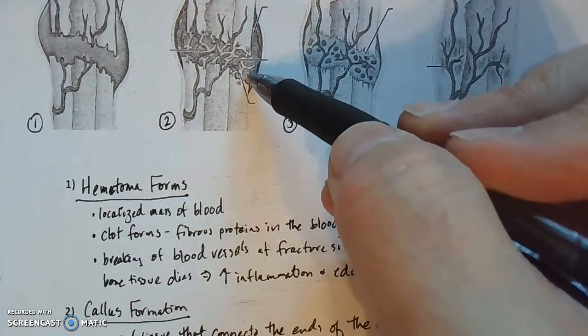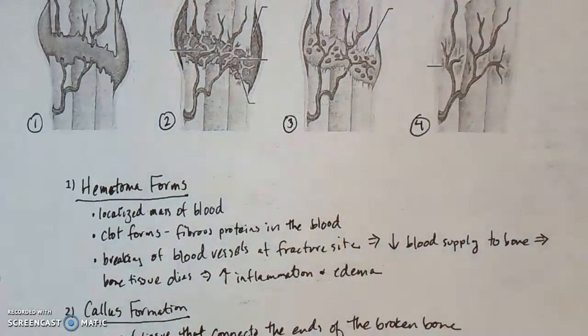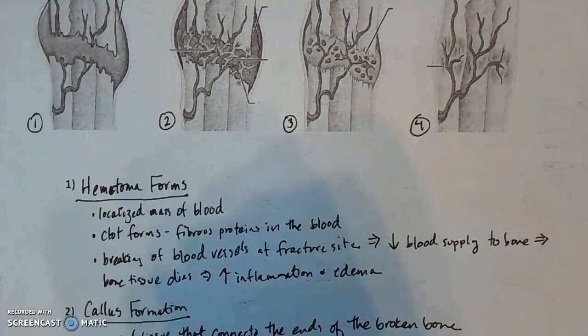If we just extend the line down, that would be inside these 2 ends of the bone between there. This usually is going to be fibrocartilage that forms. If you remember, it's a denser type of cartilage that forms in between there, and it's going to be a lot stronger. So it's like dense connective tissue that forms.